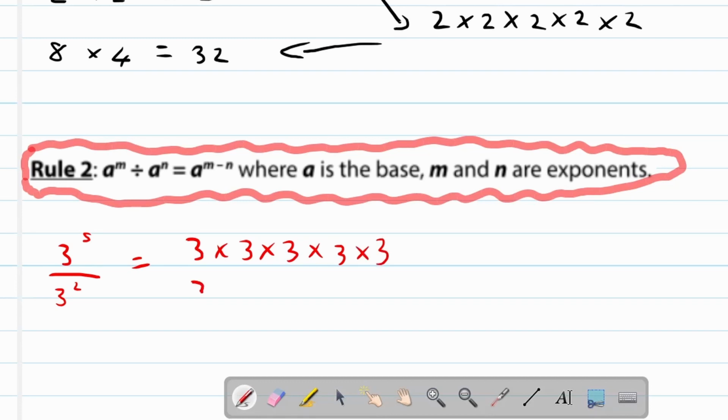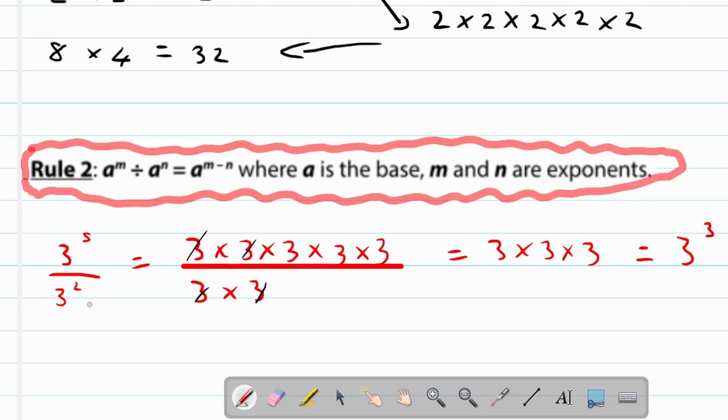And 3 squared is 3 times 3. And they are being divided by each other. Now, as we divide, we can cancel out 2 of these 3's. So what will be left is 3 times 3 times 3, which is equal to 3 to the power of 3.